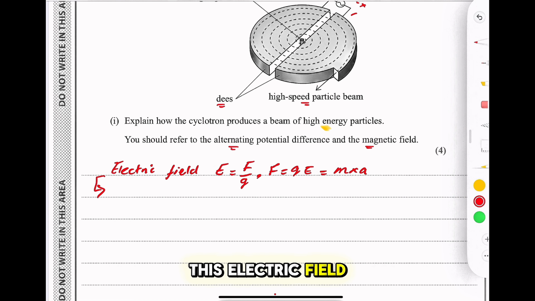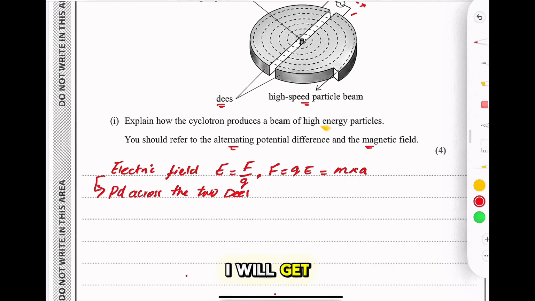This electric field, or the potential difference as well, which is across the two Ds, I will get 1 mark, or I would say the electric field which is between the Ds here, which is 1 mark. What happened to this electric field?